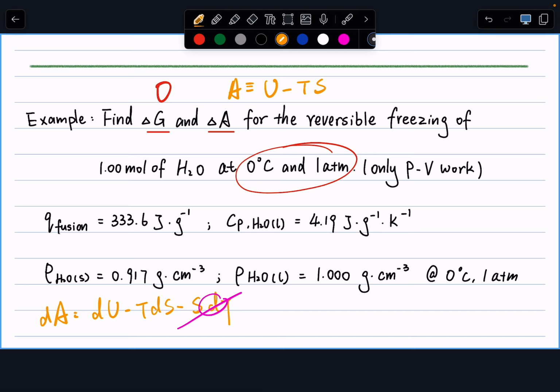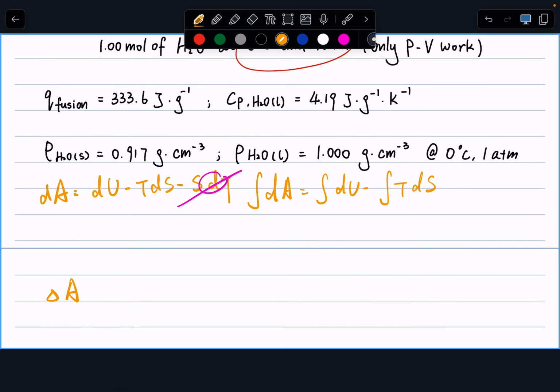And taking the integration on both ends, we get the integration of dA over the integration of dU minus the integration of TdS. Or we have delta A equals delta U minus, well, constant temperature, you can take temperature out, T delta S for this constant temperature and pressure process.